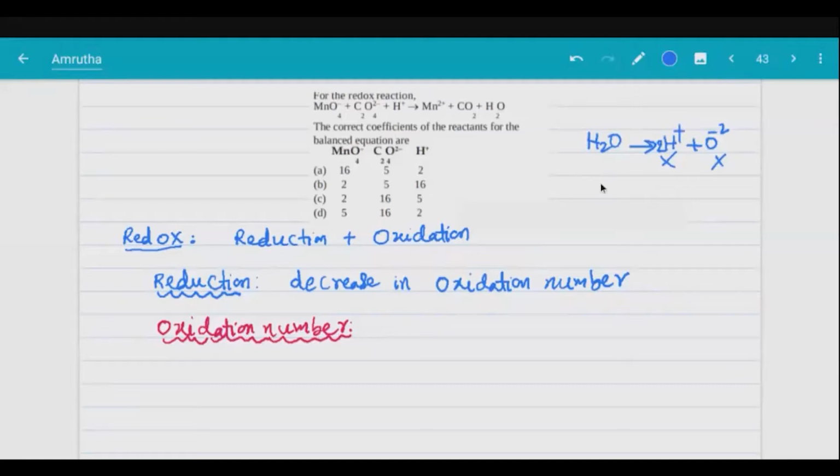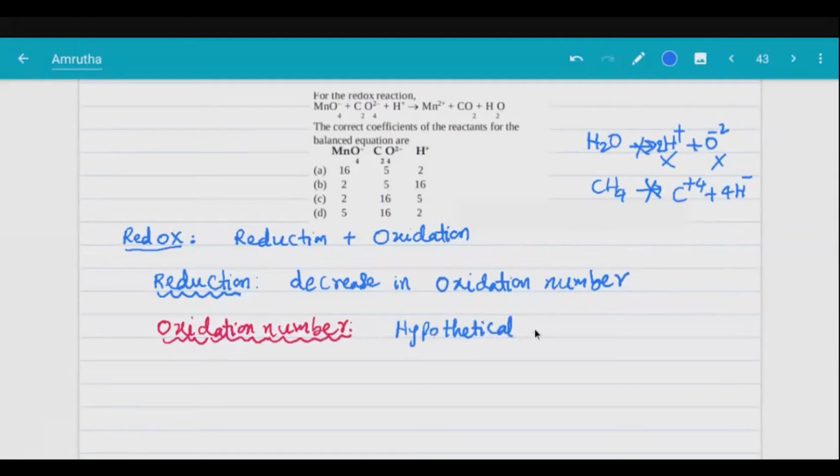And look at another example. Let me give you CH4. CH4 can't give C plus 4 or 4 H minus. No, it is not possible. So it is a hypothetical charge. Listen carefully here.